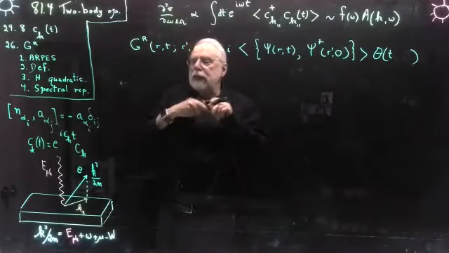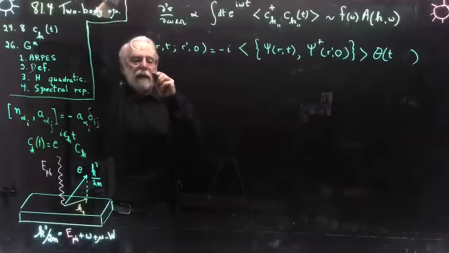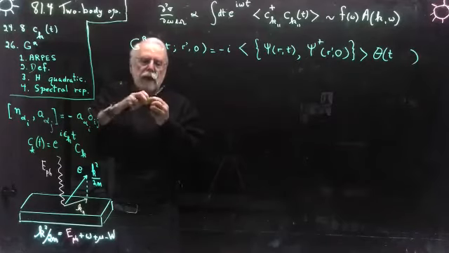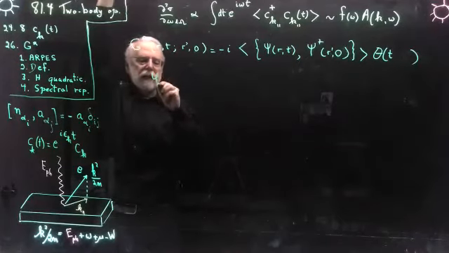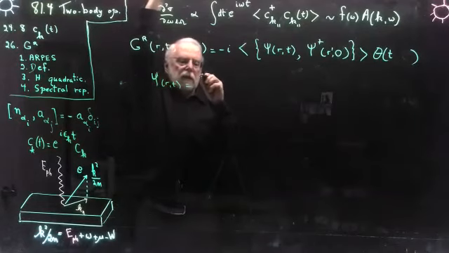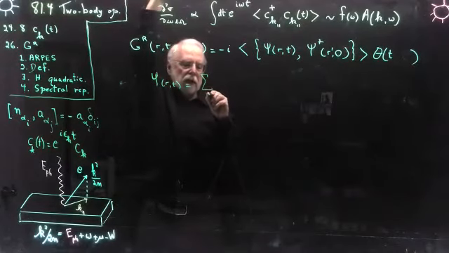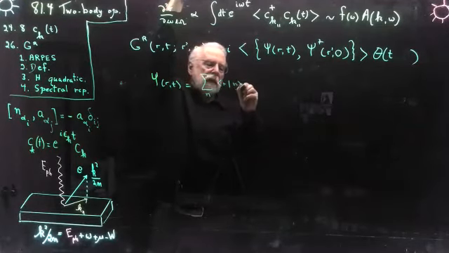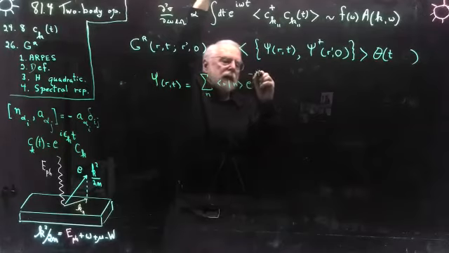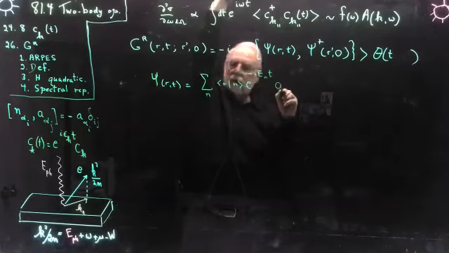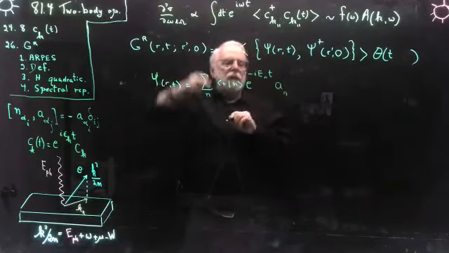So by using our change of basis, we know that psi of r and t is equal to a sum over single particle energy eigenstates phi_n of r, e to the minus i e_n t, times a_n.